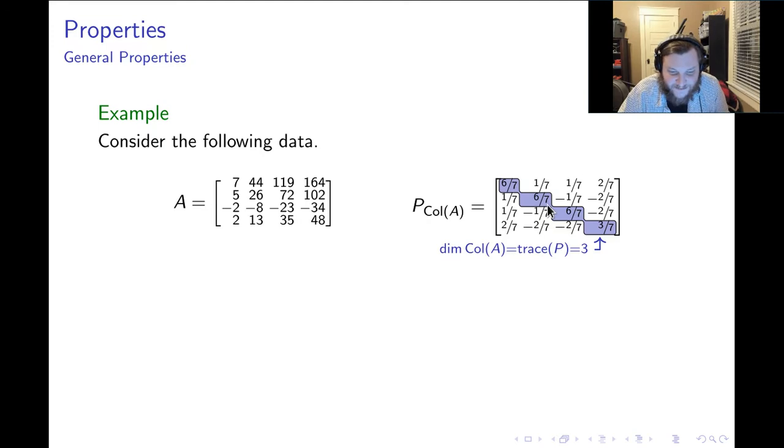So that's 6/7 plus 6/7 plus 6/7 plus 3/7. So what is that? That's 21 over 7, which is 3. And remember, our dimension conscious formula tells us that the trace of a projection matrix is the dimension of the space we care about. So I now know that the dimension of the column space of this matrix is equal to 3. And another thing to remind yourself is that's the same thing as the rank of the matrix. So by somebody giving me this data, one thing I can infer by looking at the trace of the projection matrix is that the rank of the matrix I'm studying is 3.